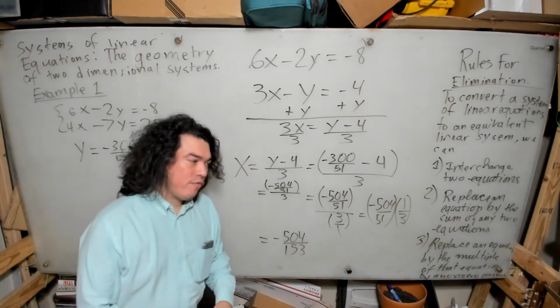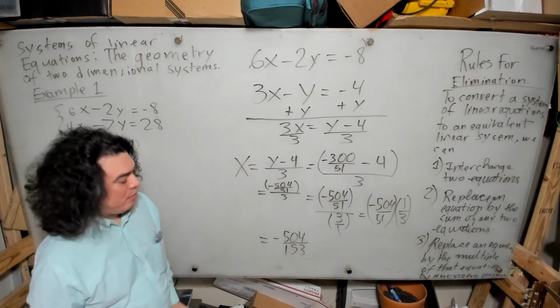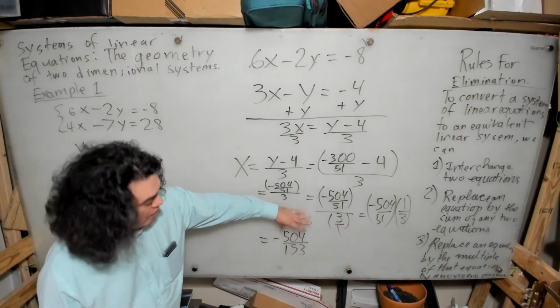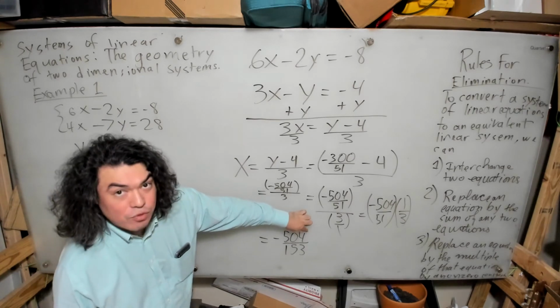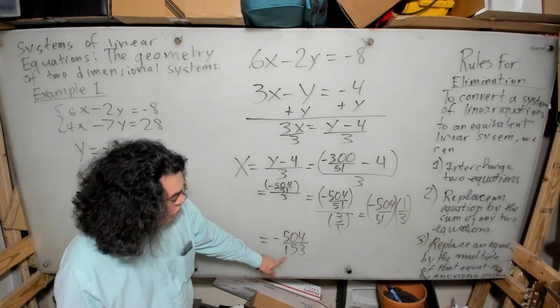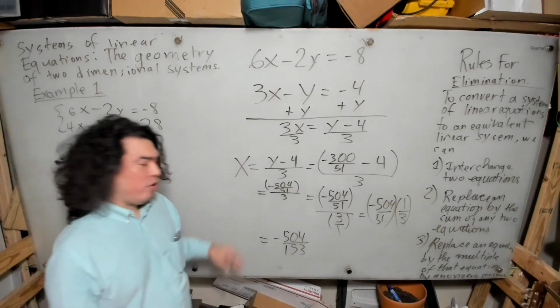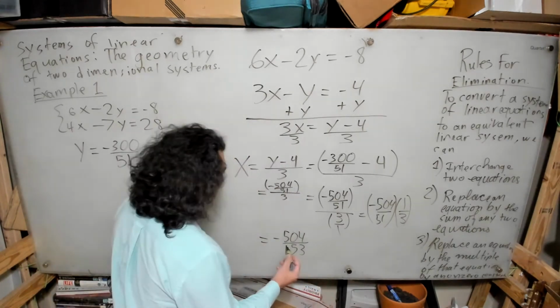Okay, so of course that's a specific test for dividing by 3. So here, the numerator is 504. If I add the digits, 5 plus 0 is 5 plus 4 is 9. And if I add the digits from the bottom, 1 plus 5 is 6 plus 3 is 9. I can see that both the numerator and the denominator here can be divided by 3.